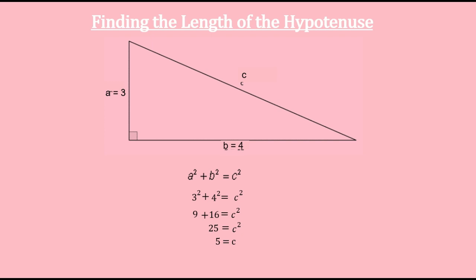Simplify. To find the value of C, think about a number that, when multiplied by itself, equals 25. The square root of 25 is 5.